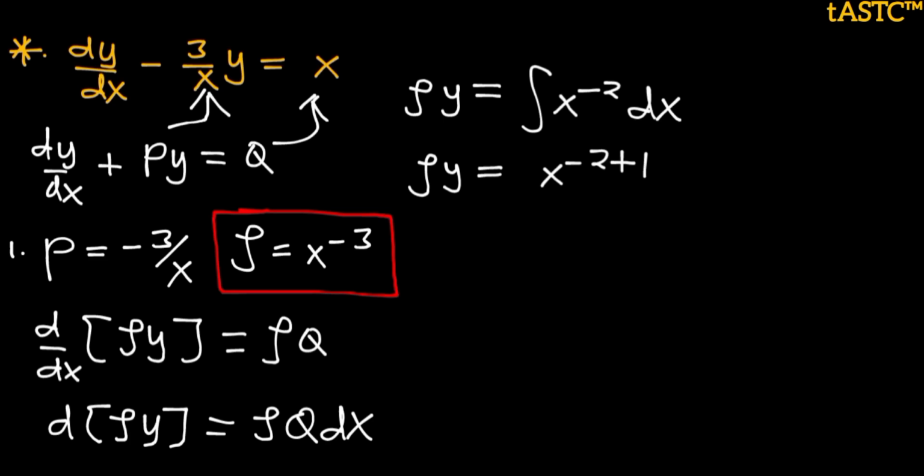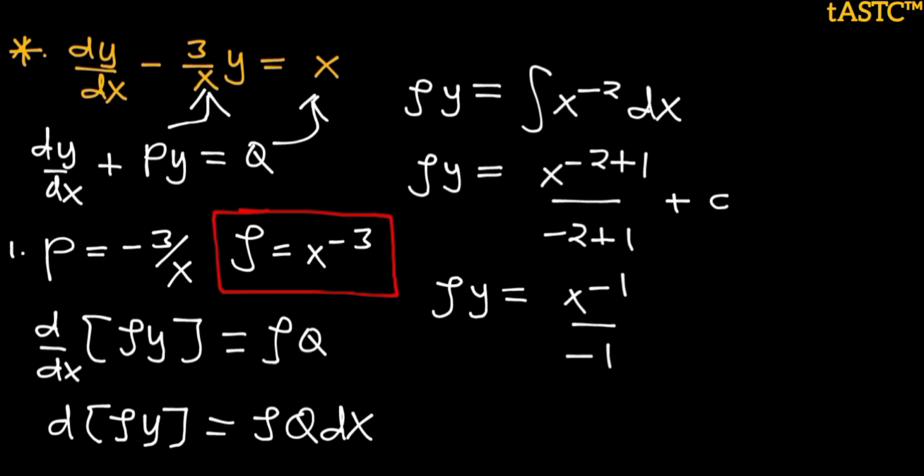So this is what we got, and that will be divided by negative 2 plus 1 plus c. So rho y is equal to x to the power of negative 1 divided by negative 1, plus c. So y is going to be equal to negative x to the negative 1 plus c.